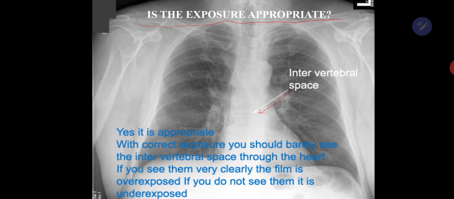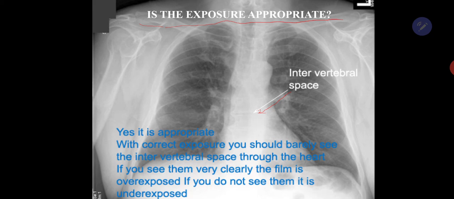If you see them very clearly through the heart, the film is overexposed, and if you do not see the intervertebral space through the heart, it is underexposed. So that's how we comment on the exposure of the film, by looking at intervertebral space through the heart.